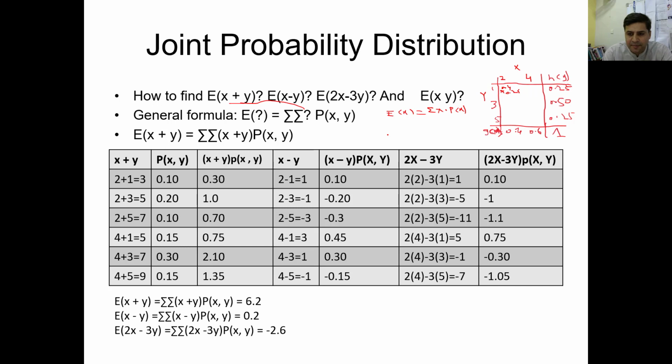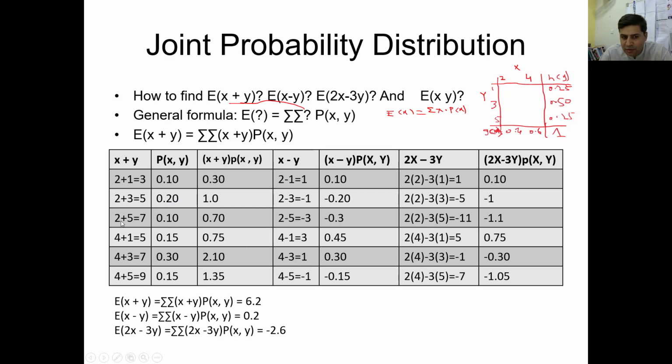Similarly, when x is equal to 2 and y is equal to 1, you need to multiply 0.4 with 0.25, so you will get 0.10. When x is equal to 2 and y is equal to 3, how will you calculate this value? 0.4 multiplied by 0.50, you will get this value.